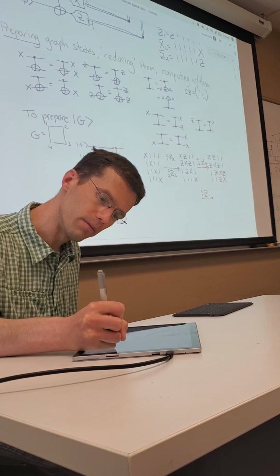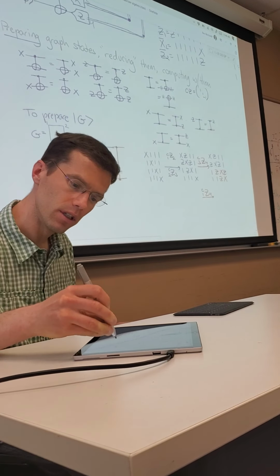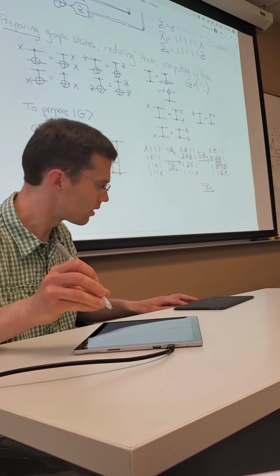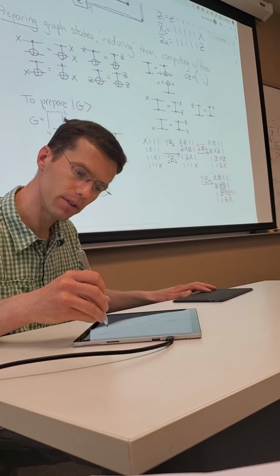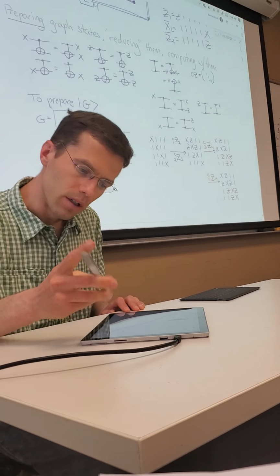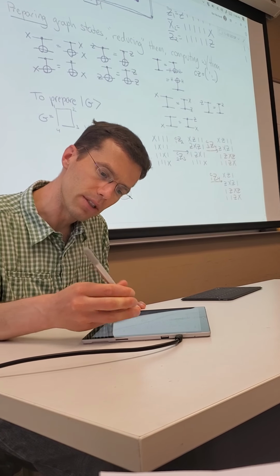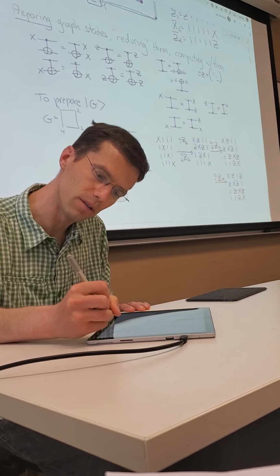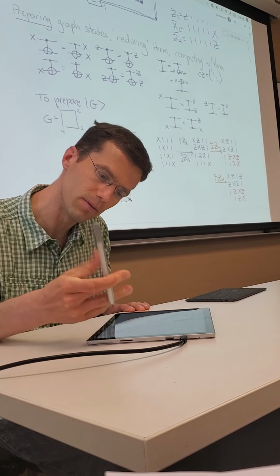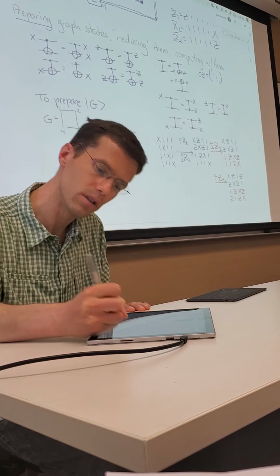So X1 is going to be copied into Z4. That commutes. X4 is copied into Z1, like so.